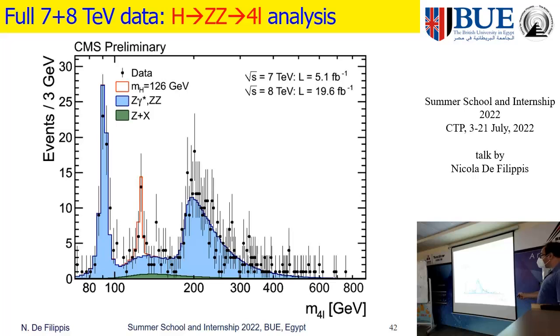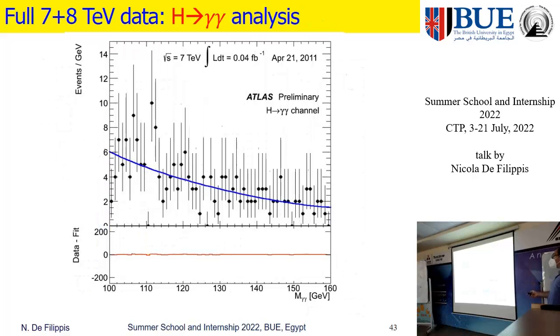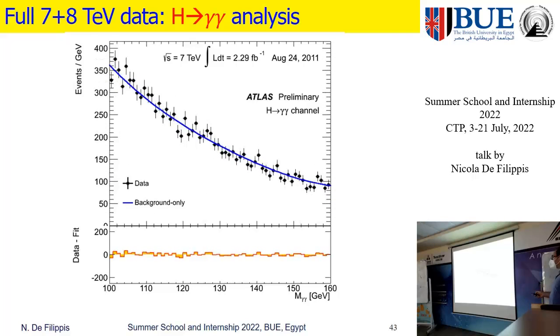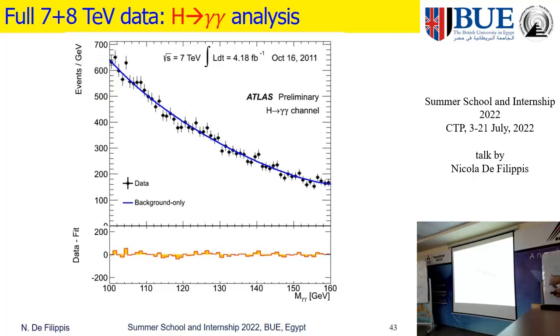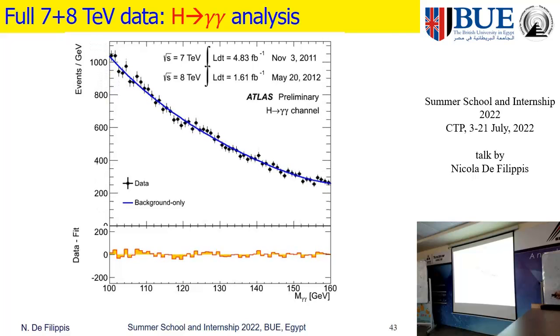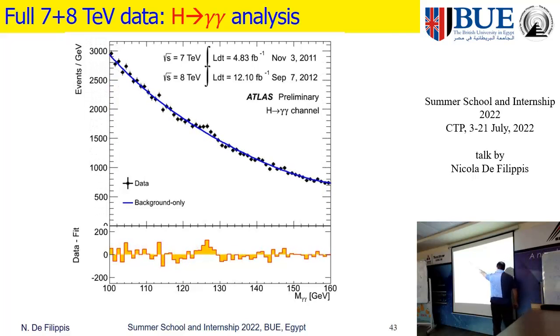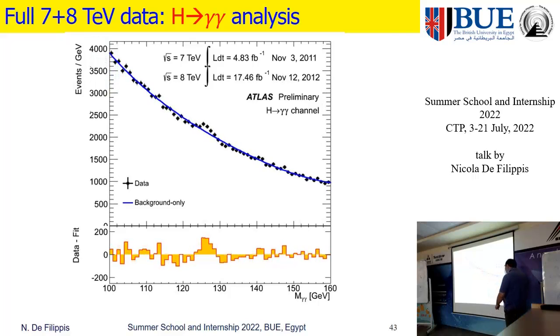So this kind of excess was then compatible with a Higgs particle with a mass of 126 GeV in this case. And the same for the H to gamma gamma. You see that once we accumulated data, an excess started to be visible here.